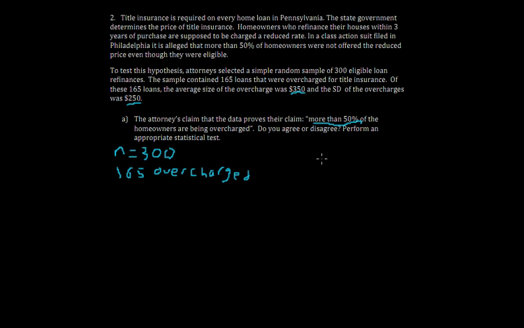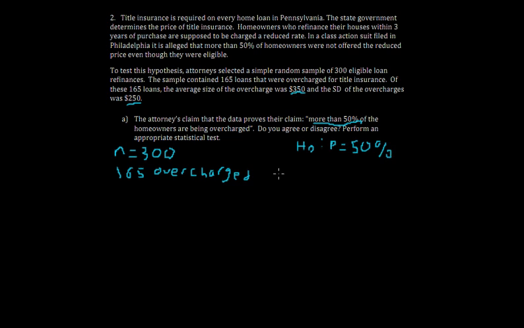So how do we test the claim? We set up a null hypothesis, which is not that claim. So the null hypothesis is that exactly 50%, so P equals 50%.